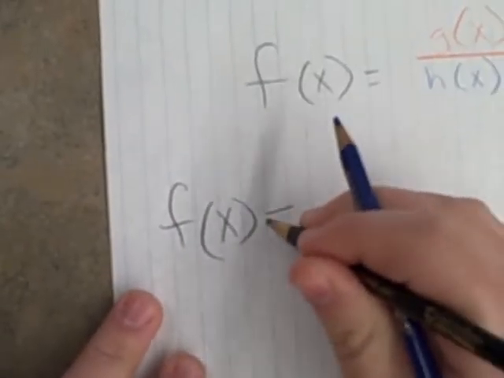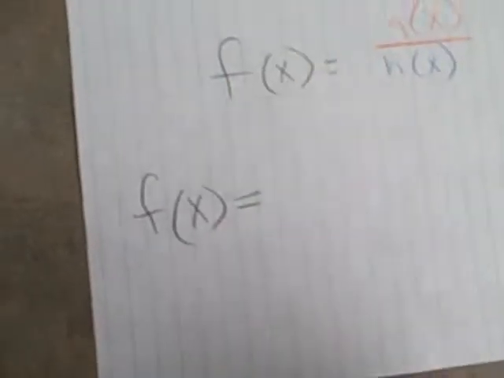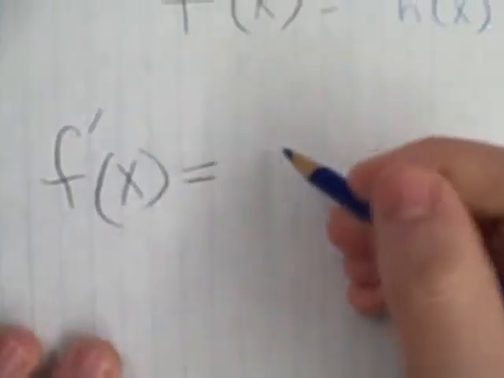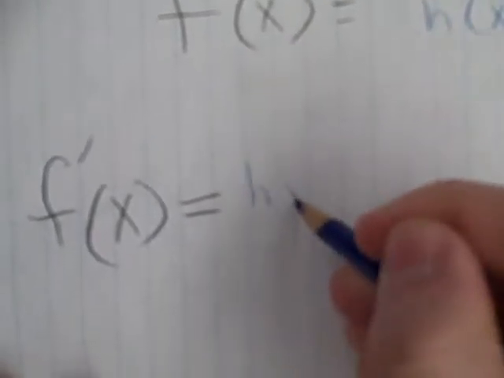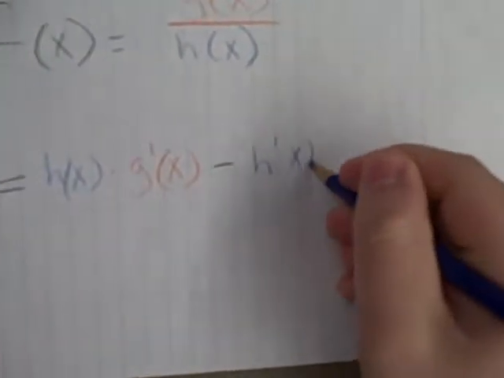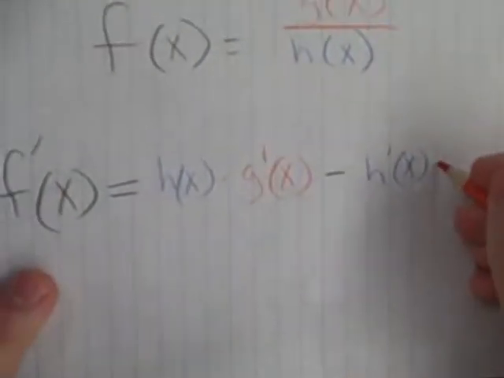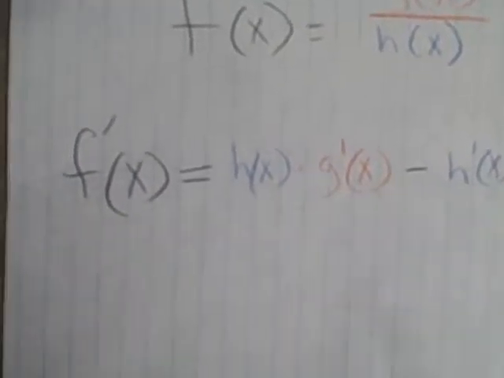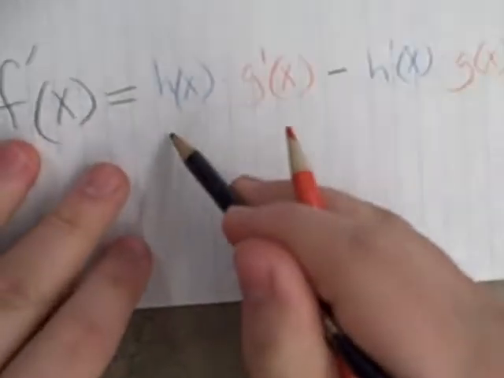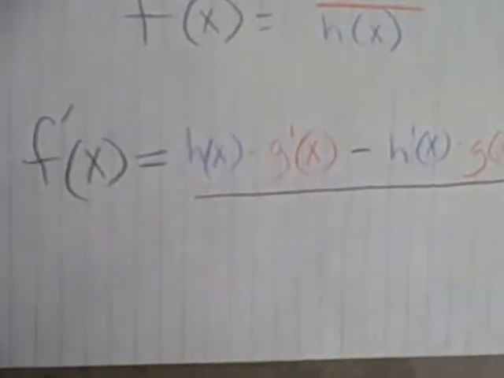We have f prime of x equals h of x times g prime of x, minus h prime times g. And then all of that over h squared.